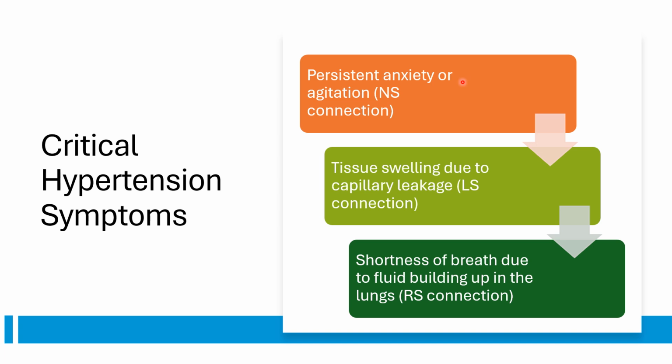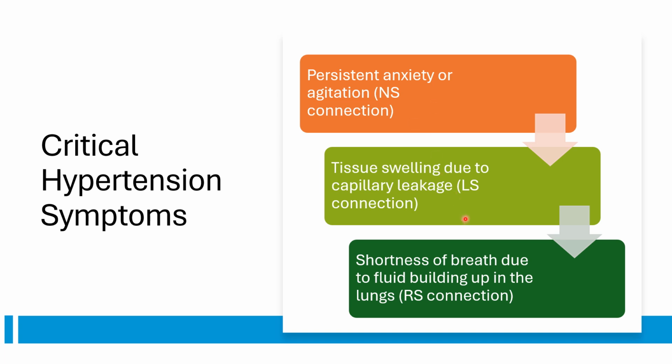So one of the symptoms of a critically high hypertensive syndrome, somebody that's presenting in the hospital with a critically high blood pressure, is going to be that persistent anxiety or agitation. And based on what we just talked about, that baroreceptor response, that should make sense to you. Okay, that you're responding in a fight or flight way due to nervous system signals.